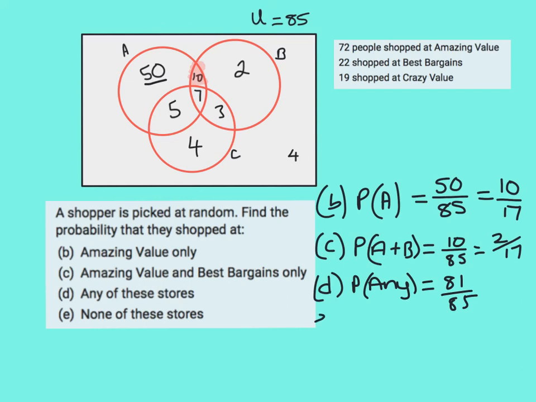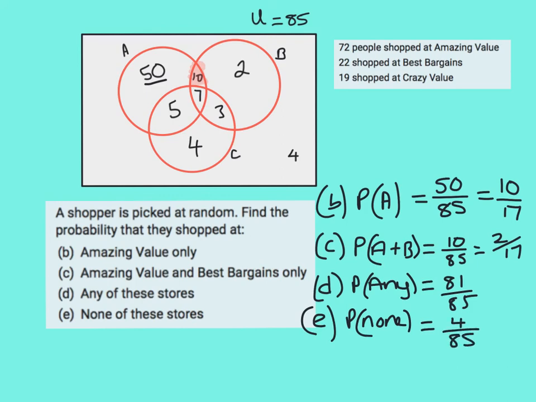The last part then. Would anyone like to tell me how I would figure out P of none? Yes, it is 4 over 85.